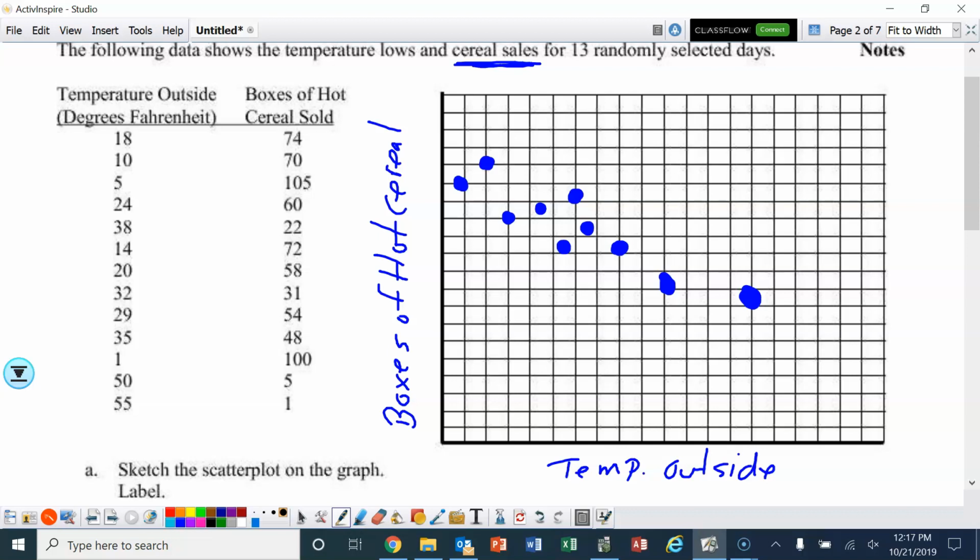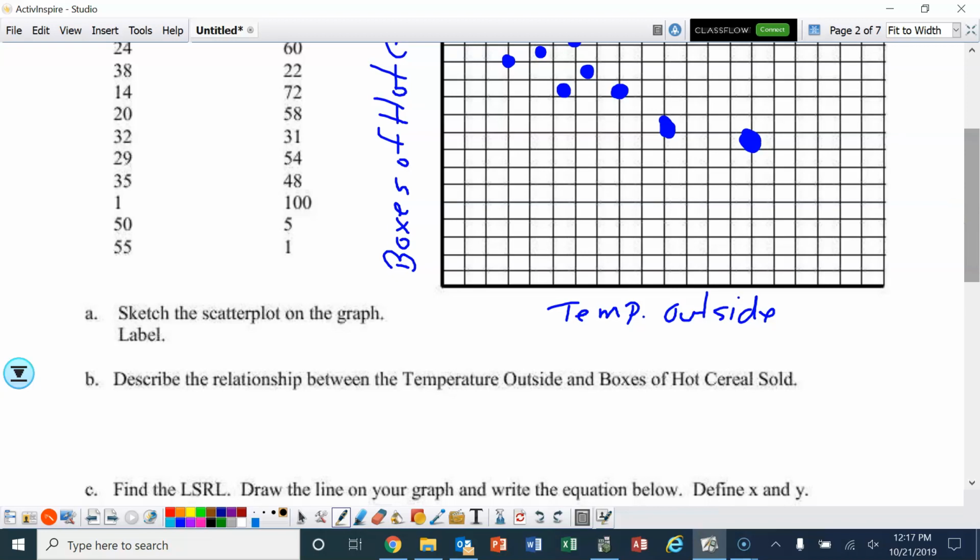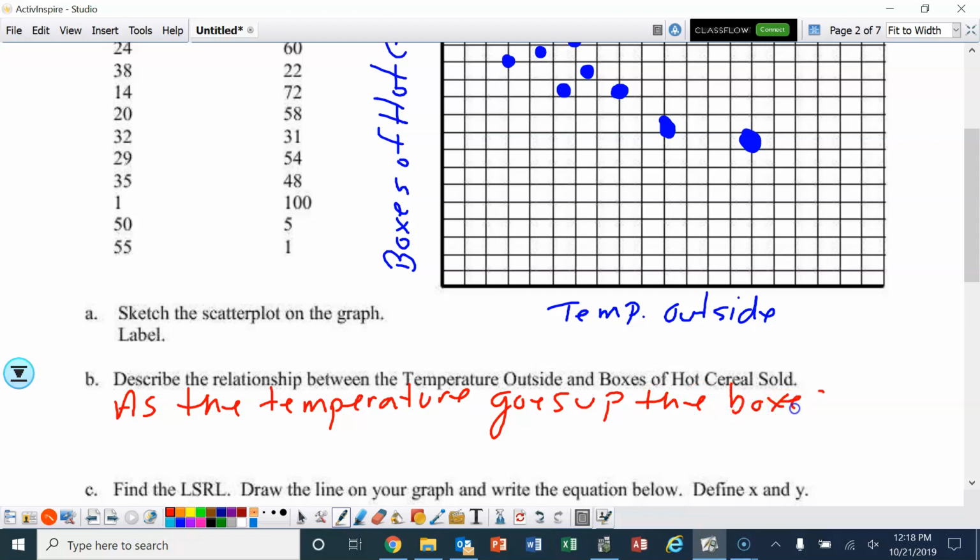So we did part A. Now let's look at B. B says, describe the relationship between the temperature outside and the boxes of hot cereal sold. All right, so as the temperature goes up, the boxes of hot cereal sold goes down.